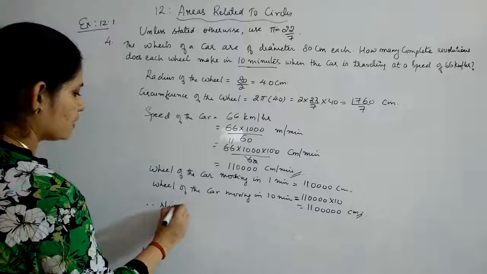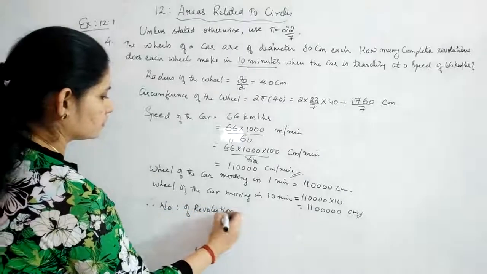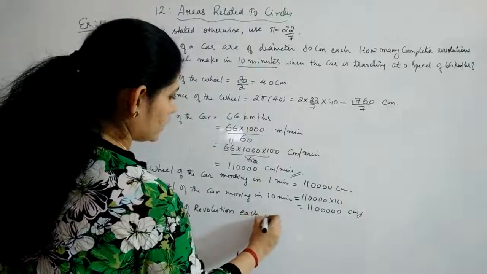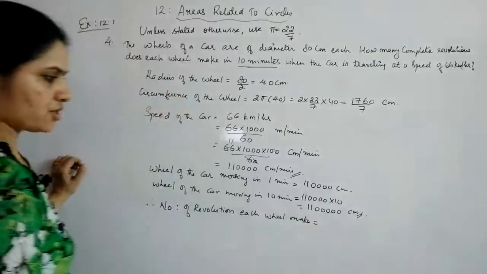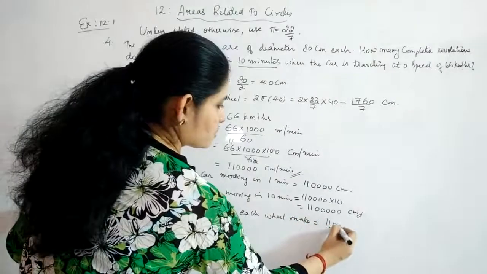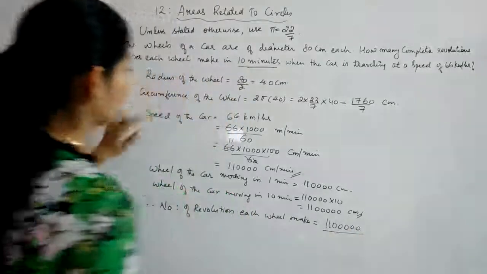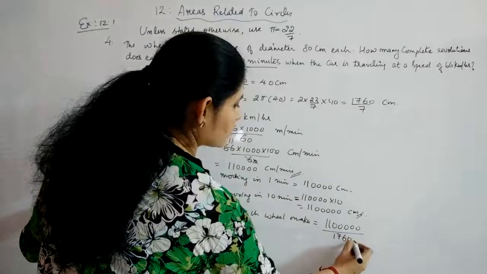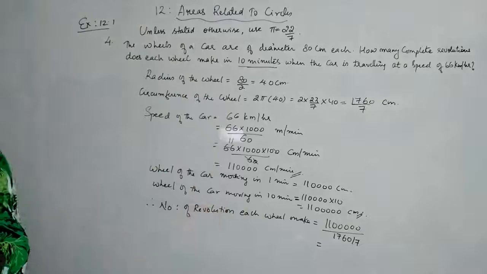Therefore, the number of revolutions each wheel makes is equal to 1100000 divided by the circumference, which is 1760 by 7. After calculating, you will get 4375.